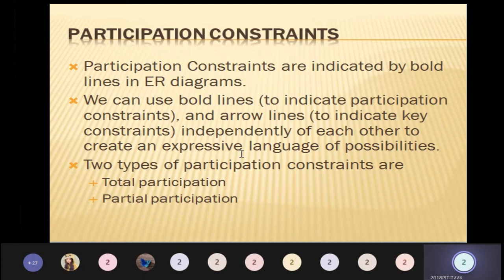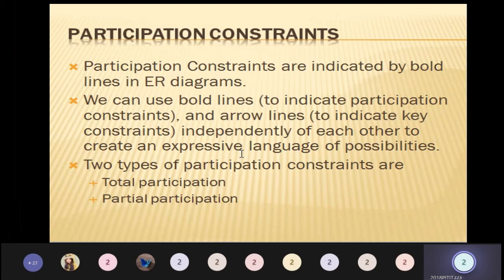The participation constraints are indicated by the bold lines in the ER diagram. When you are drawing the ER diagram, you should draw the double line when you are using the participation constraints.